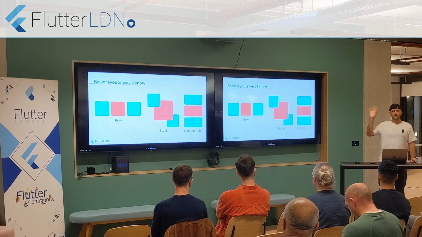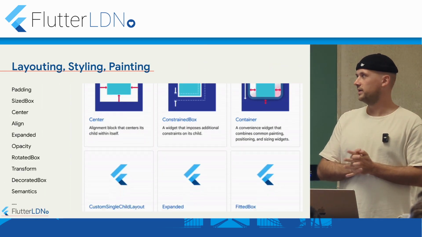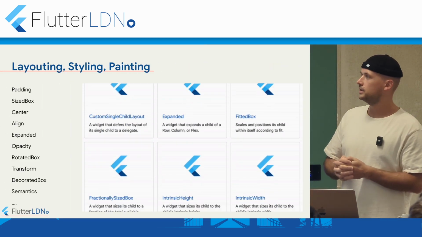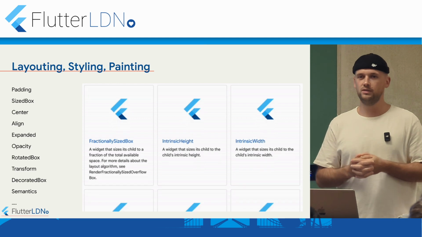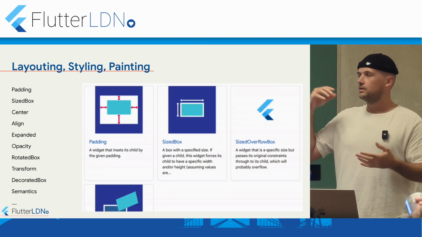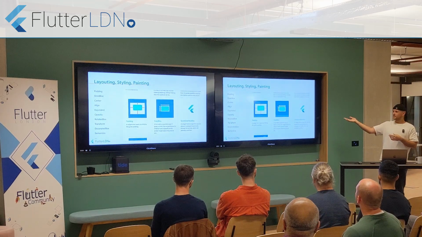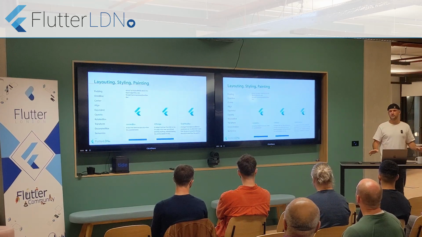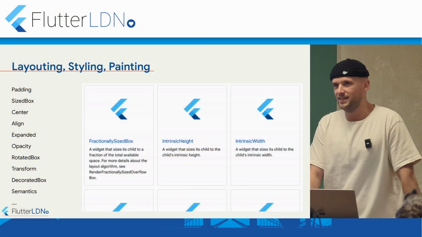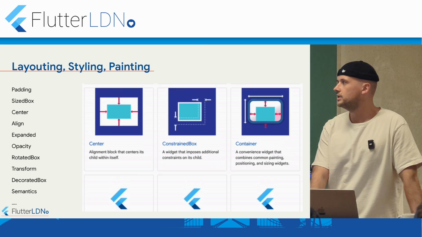We are not covering that here. And then we have quite some widgets to cover, like opacity, transition, scale, even semantics. All of that stuff is mostly about styling and configuration of the most common UI components.